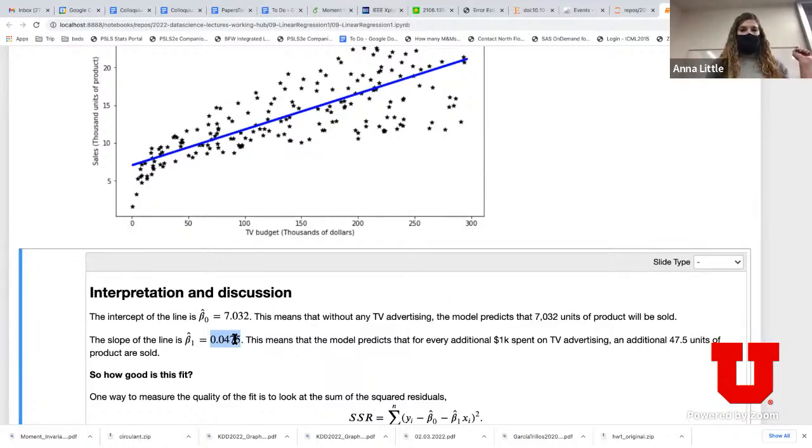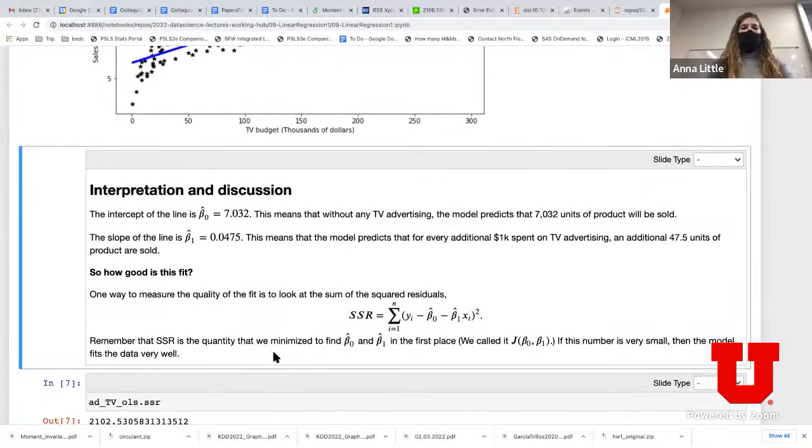Again, this is in thousands. So if you multiply by 1,000, this is 47.5, that you sell an additional 47.5 units. So for every extra $1,000 that you're spending on advertising, you're selling an additional 47.5 units.